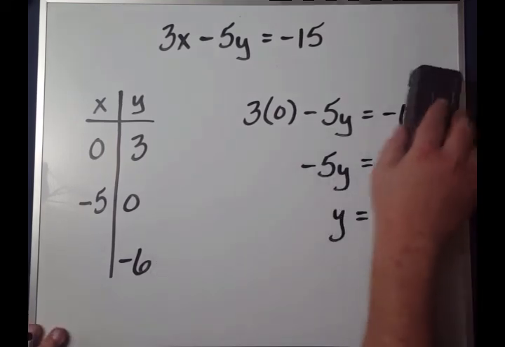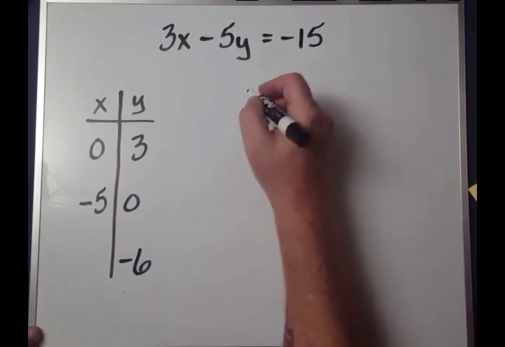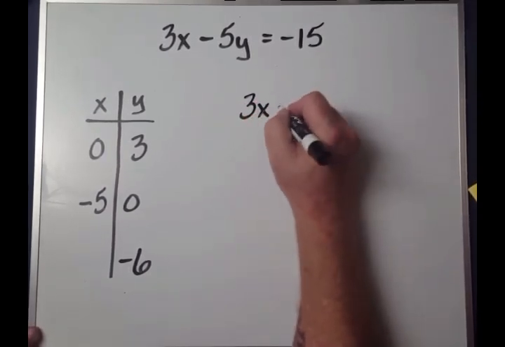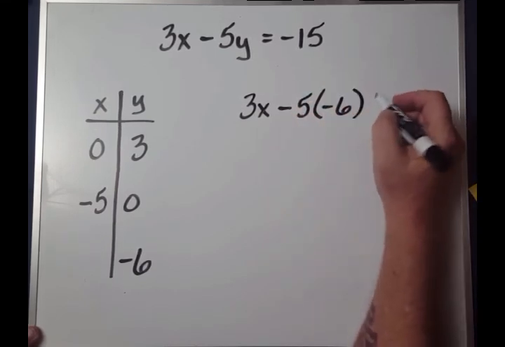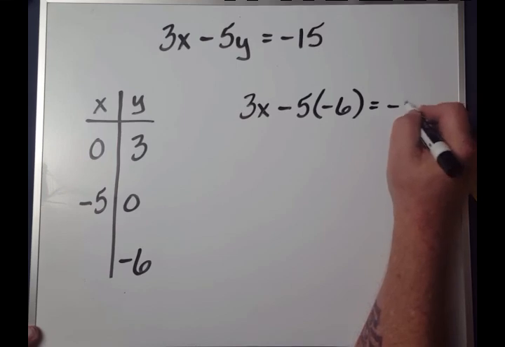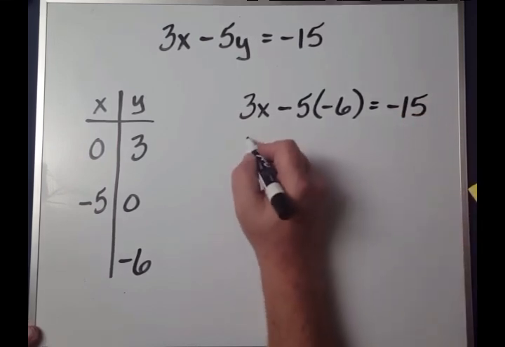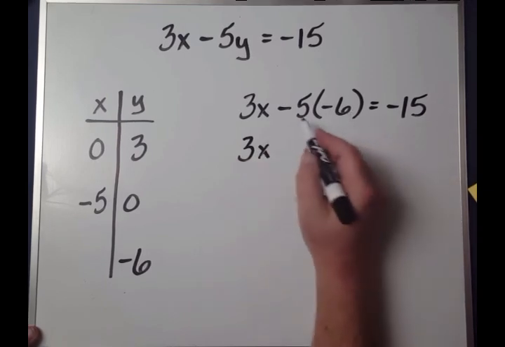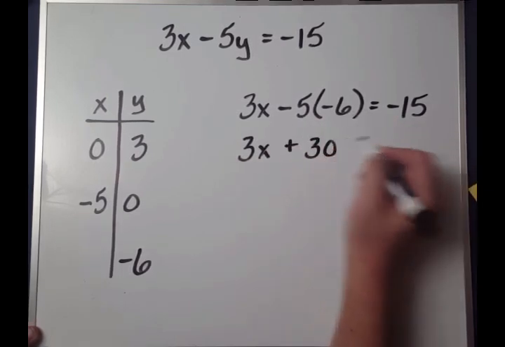Now, when y equals negative 6, I'm not doing that one in my head. We'll go ahead and show this. Plugging in zeros, quick and easy. Plugging in a negative 6, a little bit different. Simplify. Minus 5 times minus 6 is plus 30.